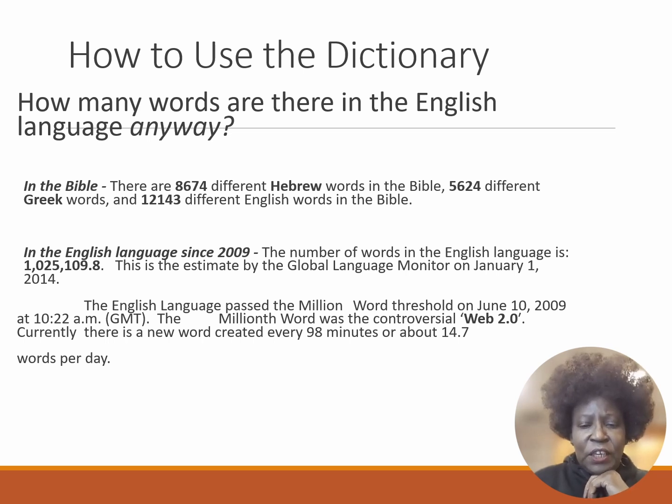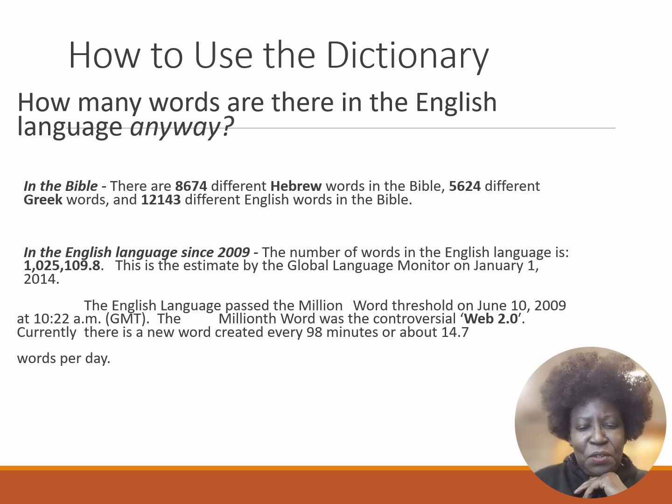In the English language, since 2009, the number of words in English is over a million. And we reached that million word mark on June 10th, 2009 at 10:22 a.m. Greenwich Mean Time. Okay.